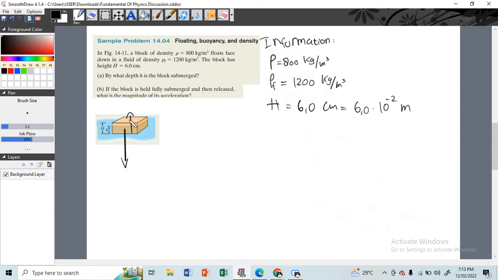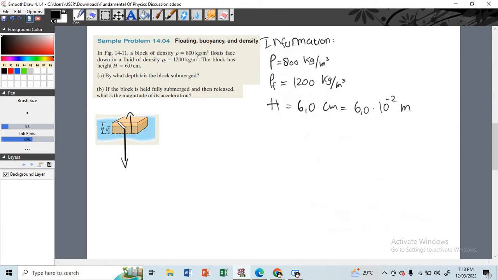The first question being asked is by what depth h is the block submerged. So this is the figure. We need to figure out the small h. The big H, or the height of the block, is 6.0. Now we need to determine the value of the little h.